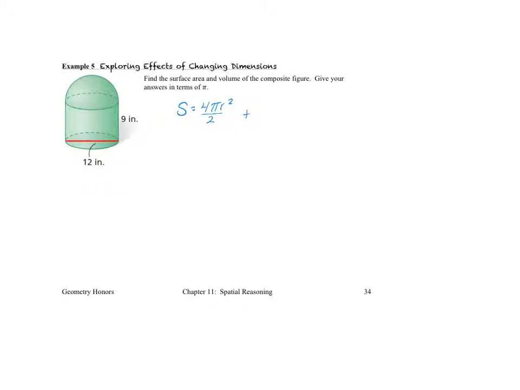Plus the surface area of a cylinder is equal to 2 pi r h plus pi r squared. It's a formula. I don't know if you've seen it before or not, but that's just the formula.